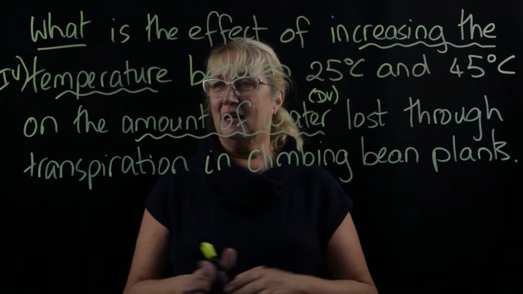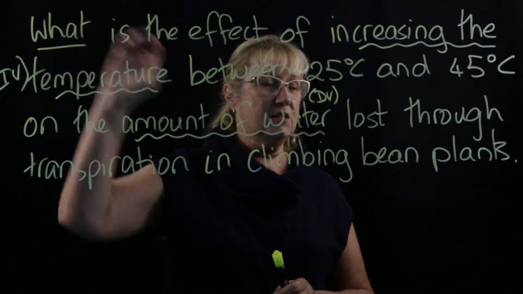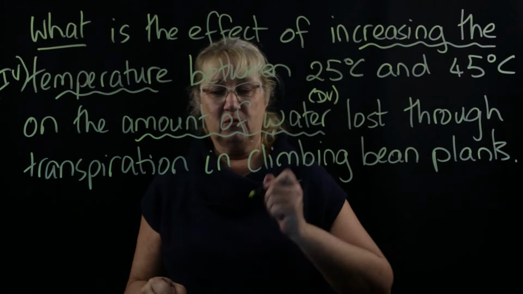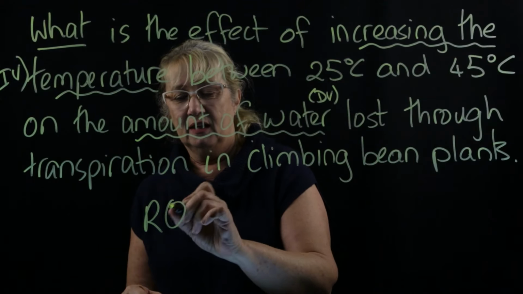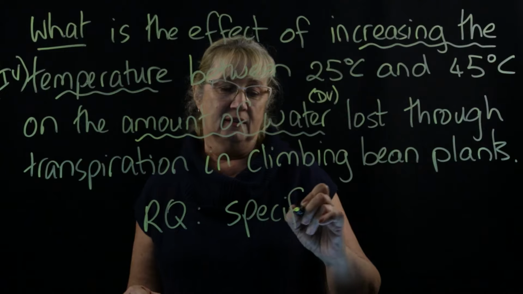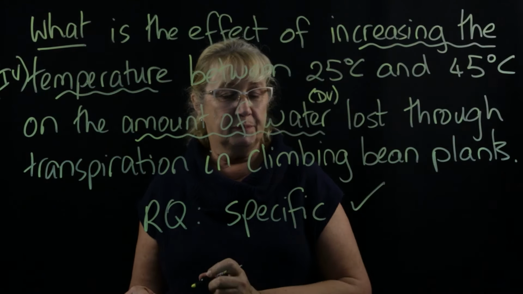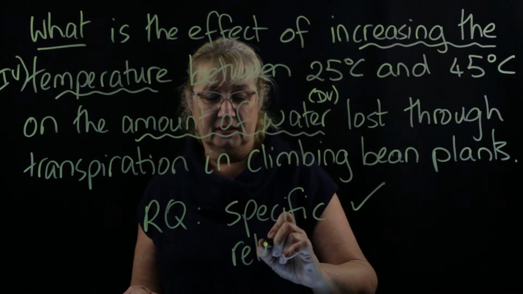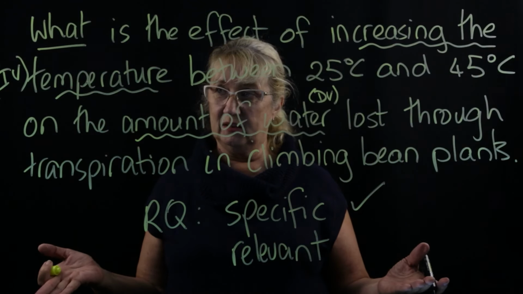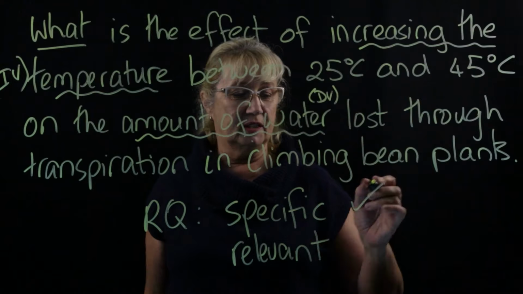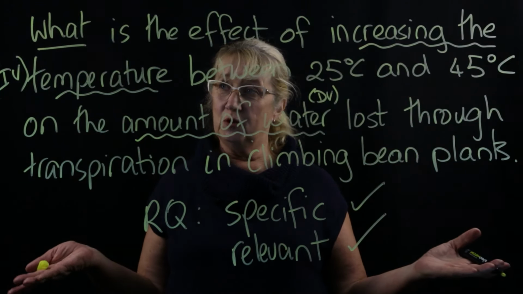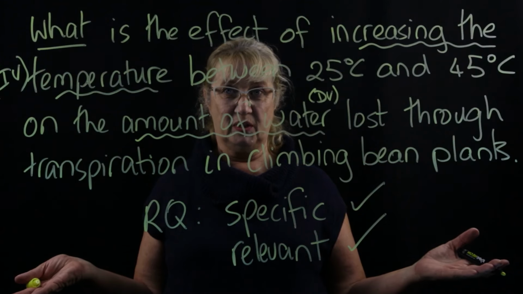It's specific enough. It starts with what. What is a question I can answer? So I have completed a research question. My research question is specific. Tick. It's relevant because I wrote a brilliant rationale, and we're going to do the rationale in a different video. Tick. I've got full marks for my research question.